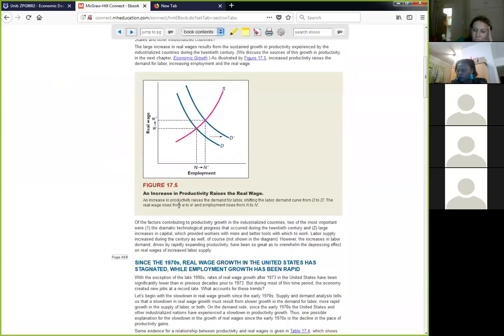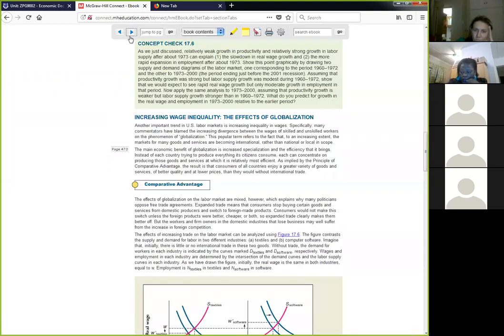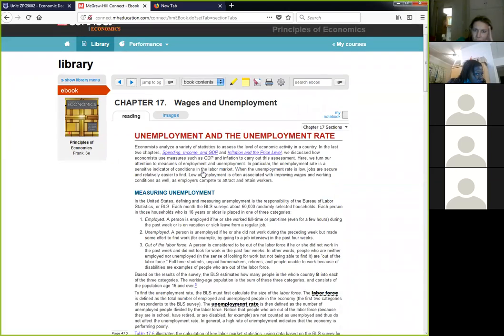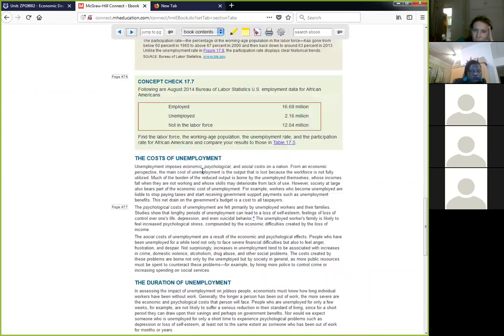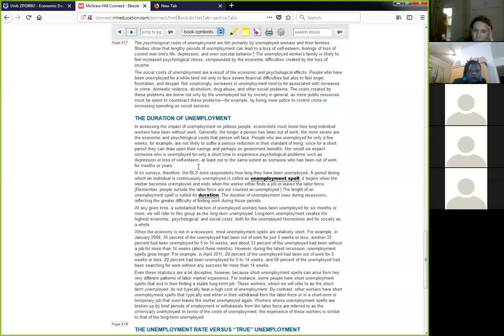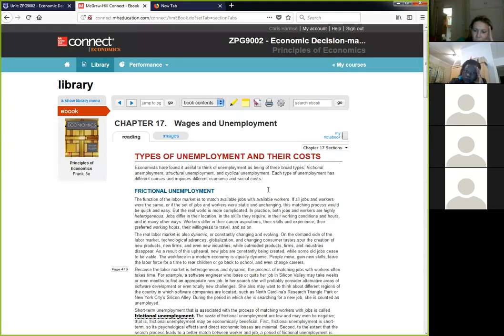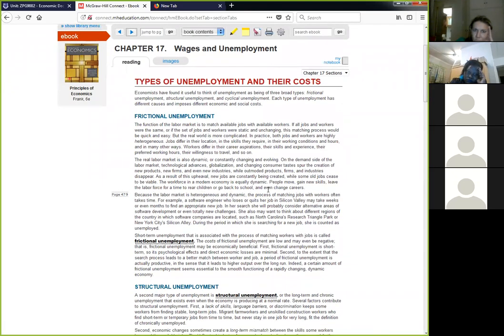Right. So the frictional unemployment. Frictional unemployment is where a lot of people are out of a job, right? And in most cases, it will lead to the fact that the labor market is not able to match the available jobs.